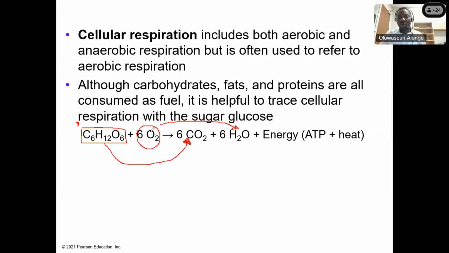So it is oxygen that oxidized glucose. And it is also glucose that reduced oxygen. So that is the concept of reducing agent. So oxygen is going to be the oxidizing agent here. And glucose is also going to be the reducing agent that reduces oxygen to form H2O.